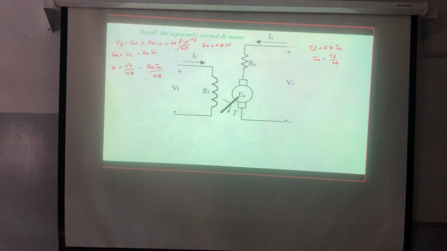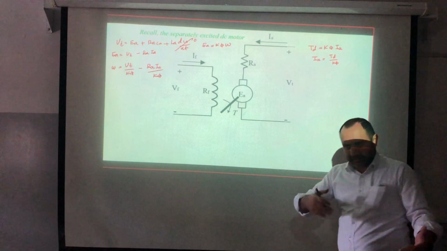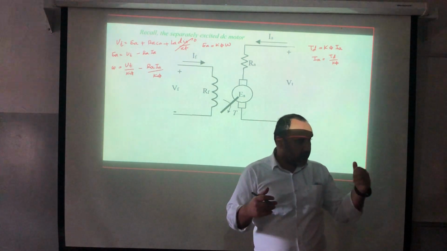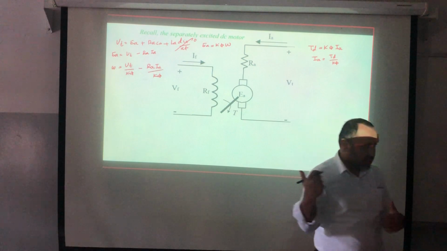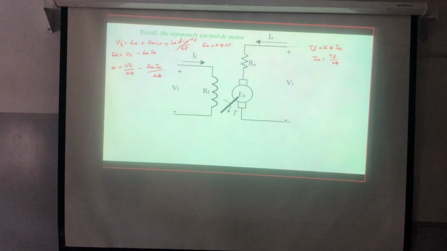But sometimes we need to find the torque speed characteristic. So I need to write the speed in terms of the torque. So I have the relation here between the current and the torque.